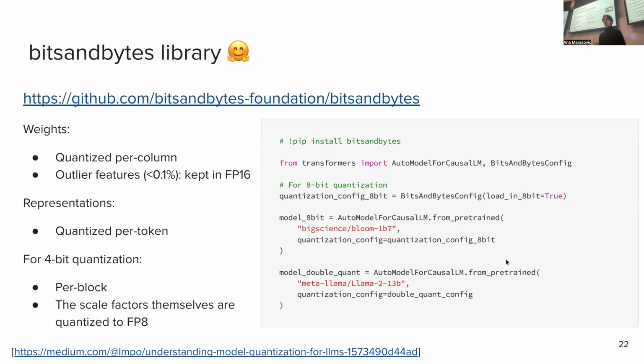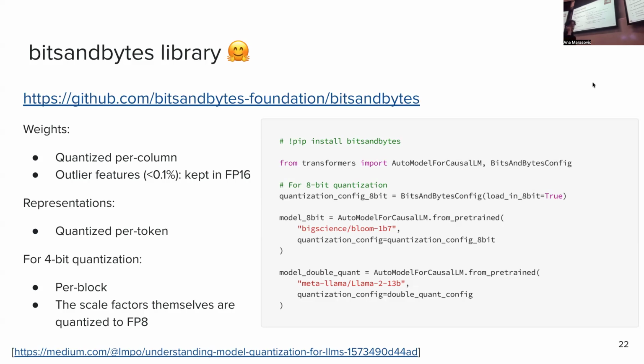But in reality, we don't do any of this because Hugging Face does everything for us. We have a library called Bits and Bytes that's very well integrated into the Hugging Face ecosystem. And in terms of your code bases, if you're just doing inference, almost nothing changes.